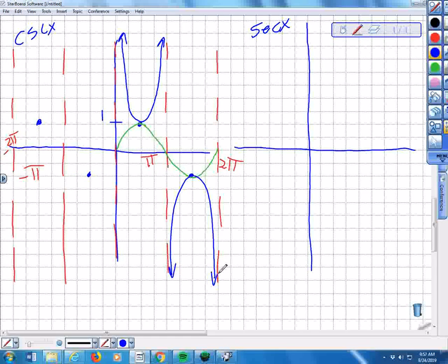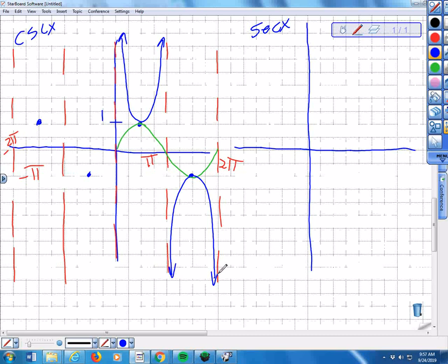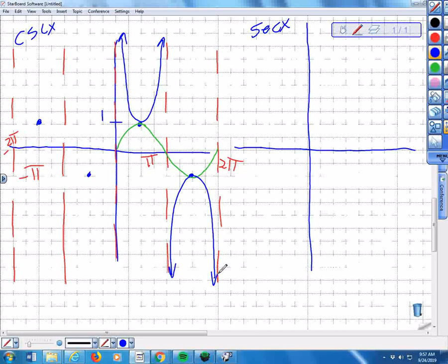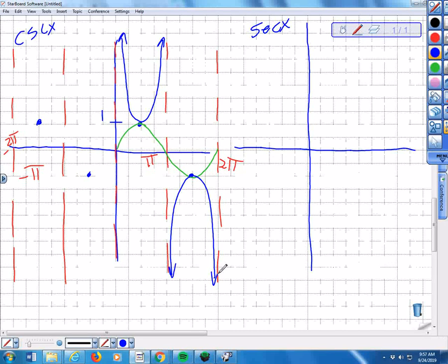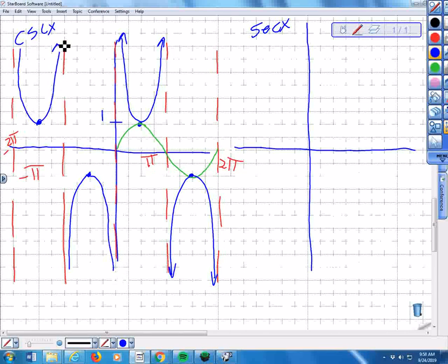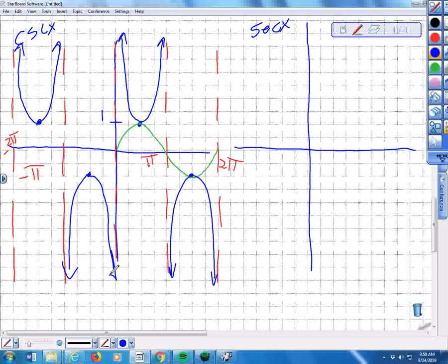So now tell me what the period is of cosecant. How long does it take to repeat its cycle? It's going to do this again. So this is one complete cycle, right?